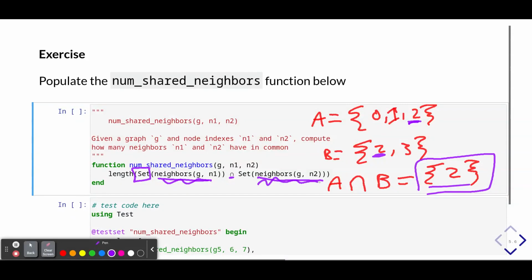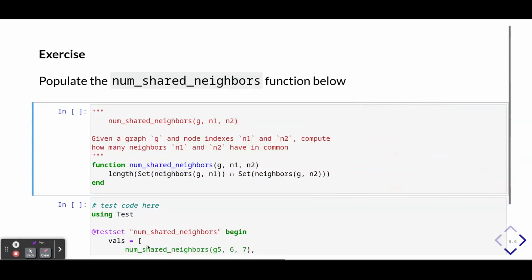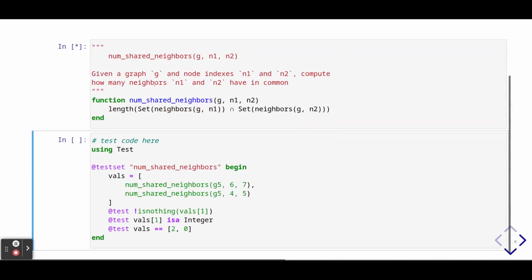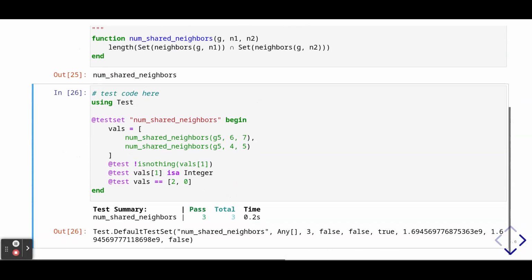Now we have some shared neighbors, and then we can compute the length of that set, which tells us how many elements are in it. So that's my implementation of that first routine. I'm going to run that, and we can do our test code here, and we see that these tests all pass.